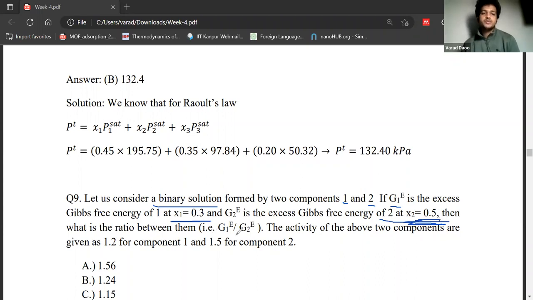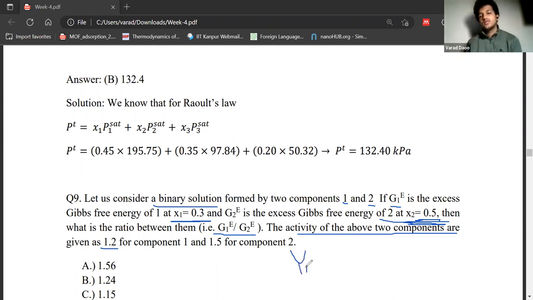Then what is the ratio of G1E by G2E, where the activity coefficients of the above two components are given as 1.2 for component 1 and 1.5 for component 2.